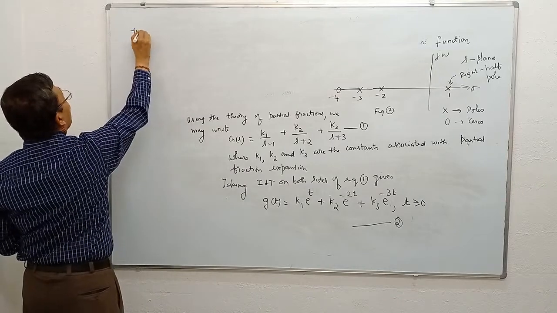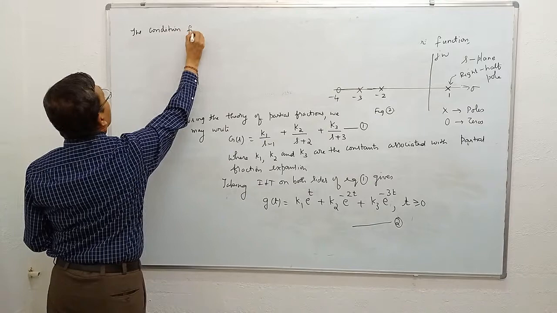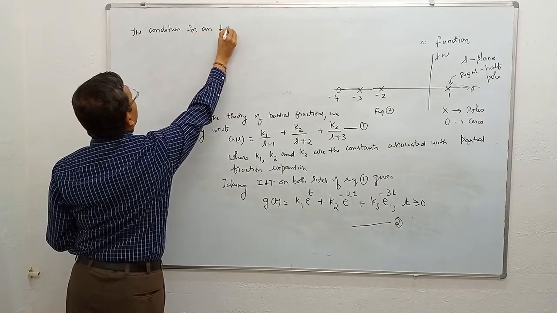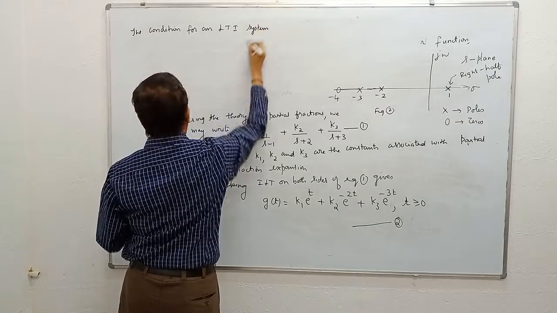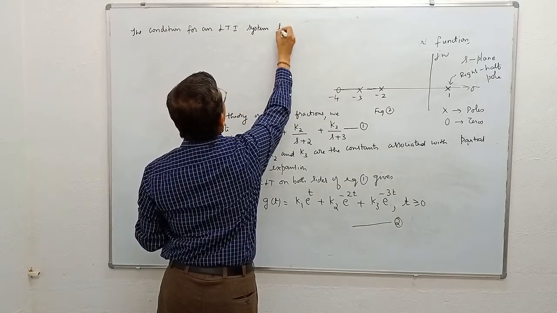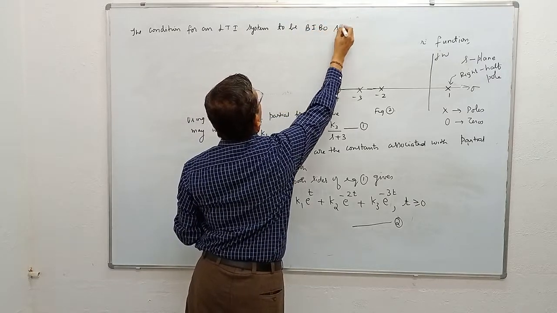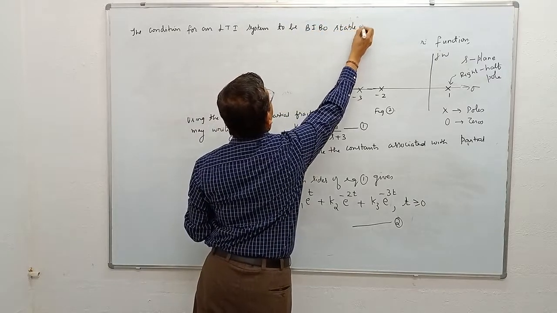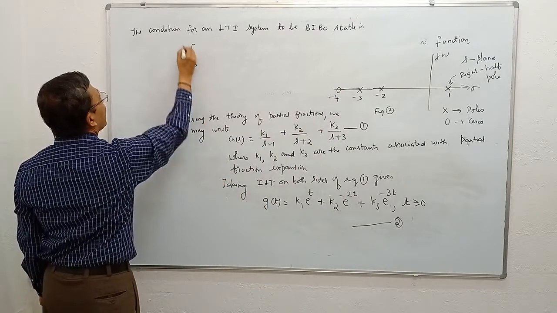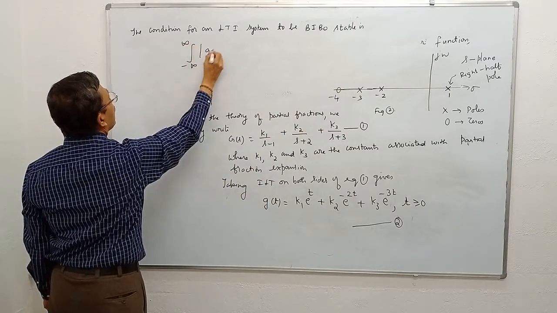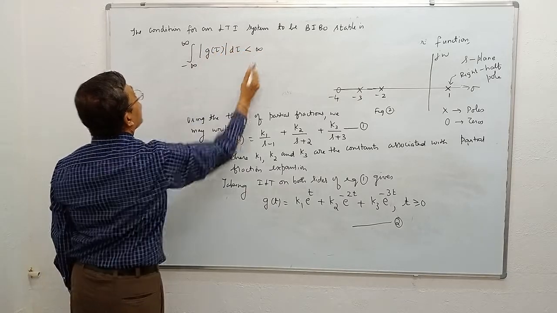The condition for an LTI system to be BIBO stable is the integration from minus infinity to plus infinity of modulus of g(tau) d tau being less than infinity.